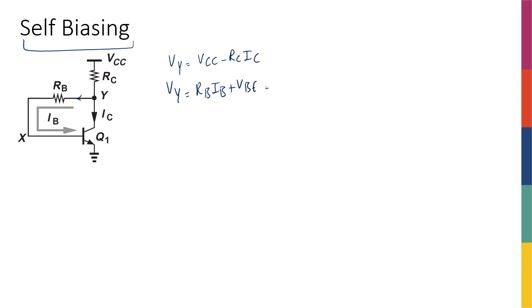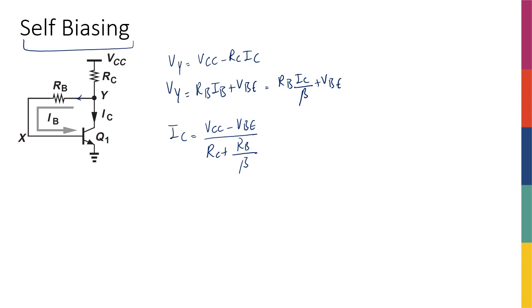And instead of IB, I can write RB times IC divided by beta plus VBE. Therefore, I can combine these two, and I can write IC is equal to VCC minus VBE divided by RC plus RB over beta. Okay, and this is how I set the collector current using this self-biasing circuit.